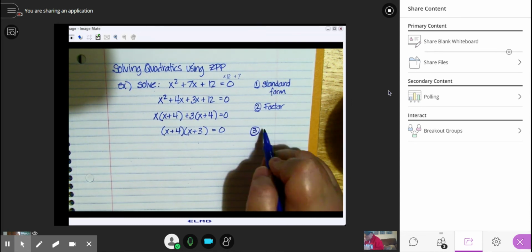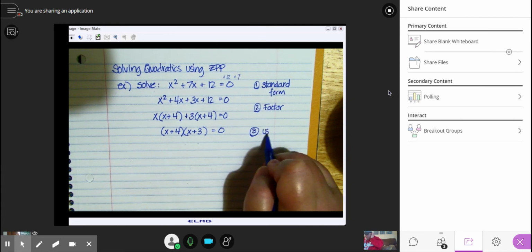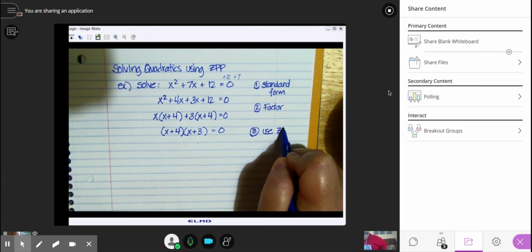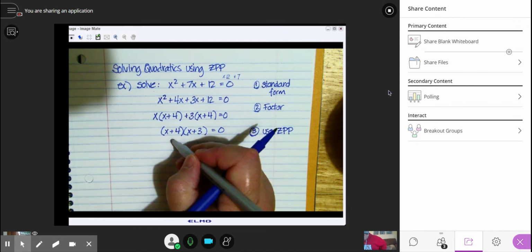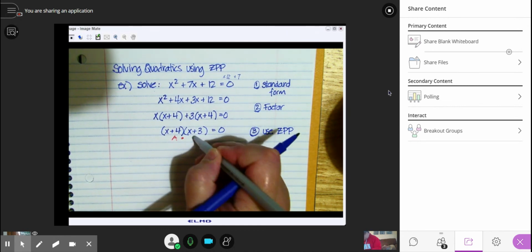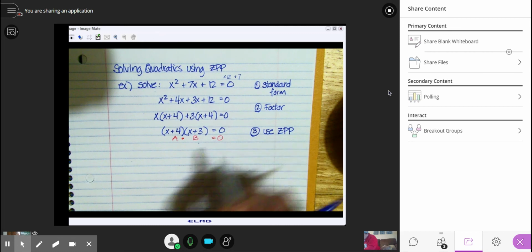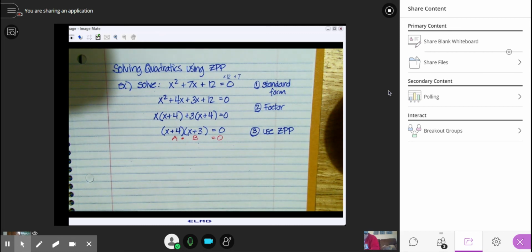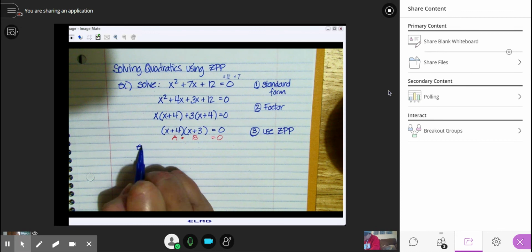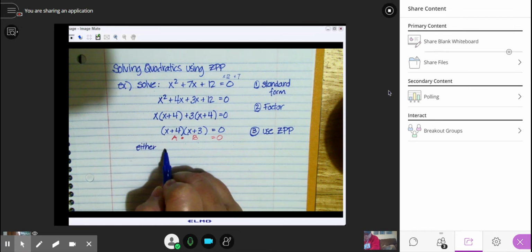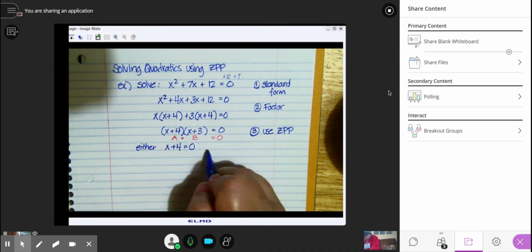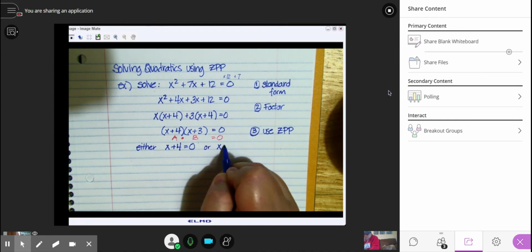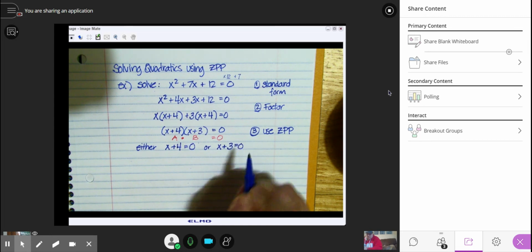Now that I have the factors, I can use the zero product property, or ZPP. I have here an A times a B equal to 0. So either my x plus 4 is equal to 0, or my x plus 3 has to be 0.